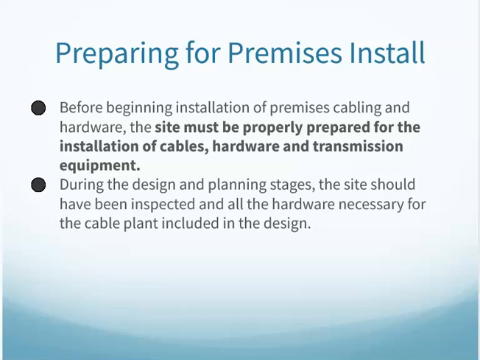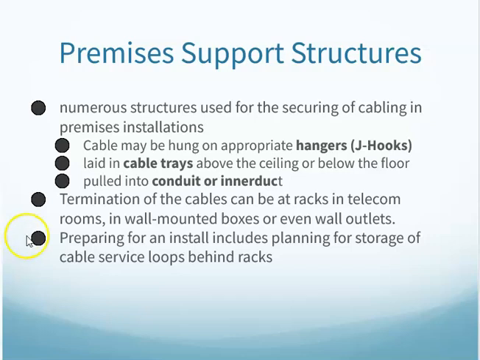So now, before doing the install, we need to do some prep. Before actually pulling the cable and terminating and so forth, there might need to be some prep at the site that needs to be done ahead of time. That might be things like putting in the cable trays, putting in conduit, putting in J-hooks. Those kinds of things might need to be put in first.